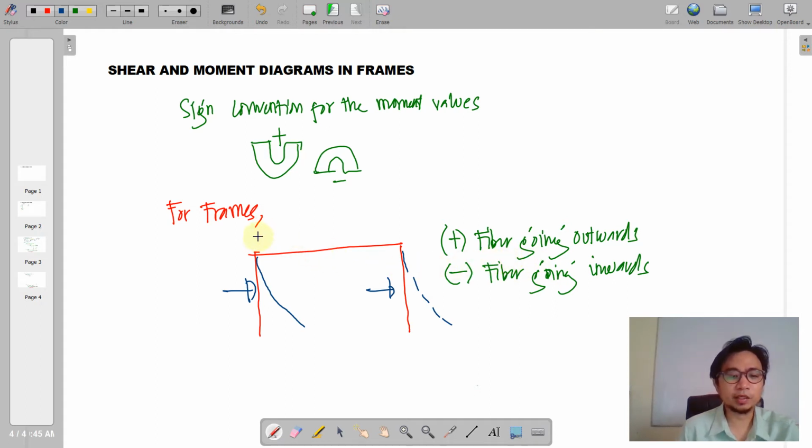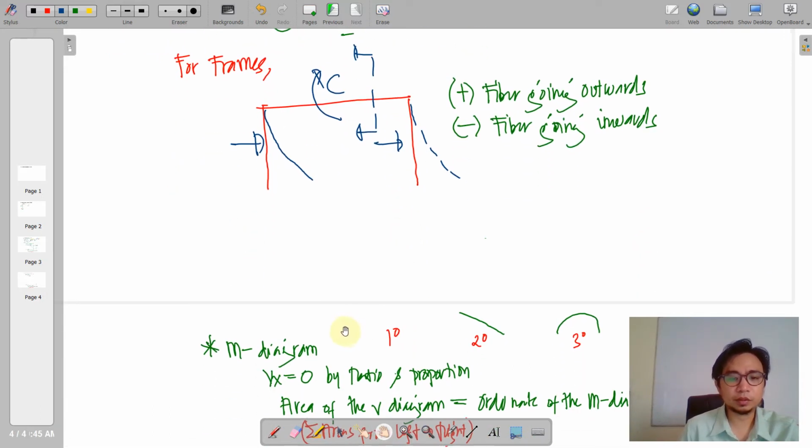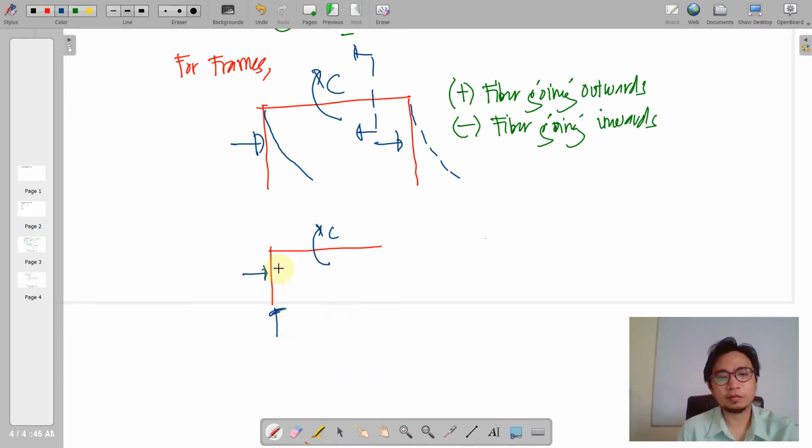So likewise in your beam, if we have a couple C here, what would be the rotation or the effect on this? Of course, if you cut this at this section, considering the left portion, we will be having this loading, assuming that this is a pin connection, and it will also contain a horizontal loading here.